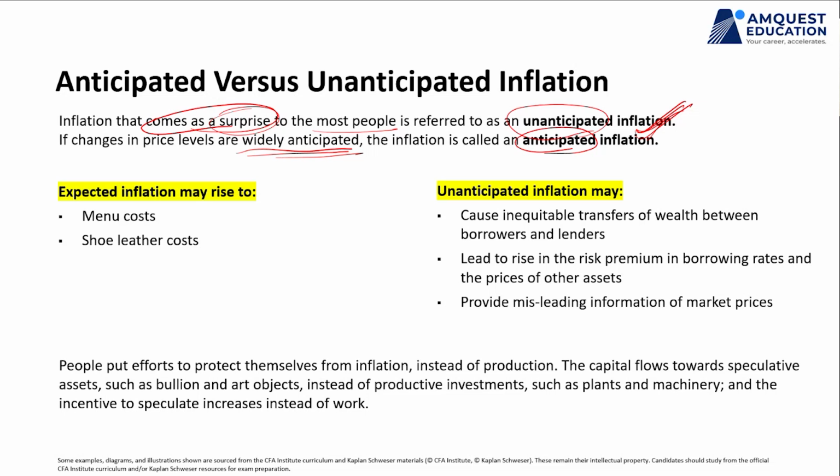So suppose I have a menu card, the prices are a certain amount, and because of inflation I want to increase the prices of those menu dishes. So I'll have to put a new menu card, and this new one will have a new price. So the price will go up. And this price going up because of menu cost, because of new menu items, is called expected inflation rise.